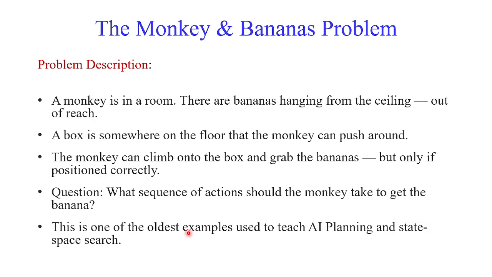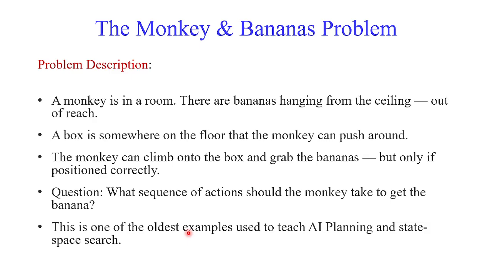So if the monkey pushes the box under the bananas, climbs on top of the box, and is able to reach and grab the bananas, all of these are possible only if the position of the box is correct. So the question here is, what sequence of actions should the monkey take to get the bananas?